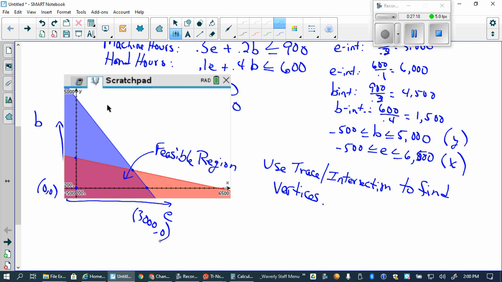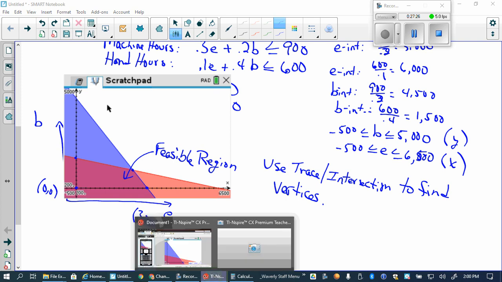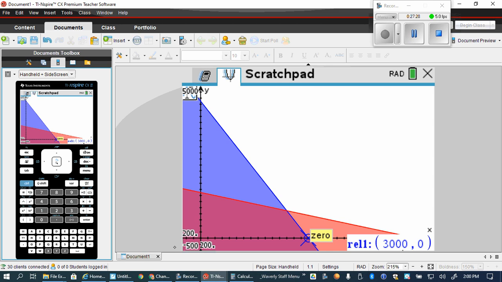Let's go to the other one and trace and come back and find the y-intercept. Of course, we already did that too, right?